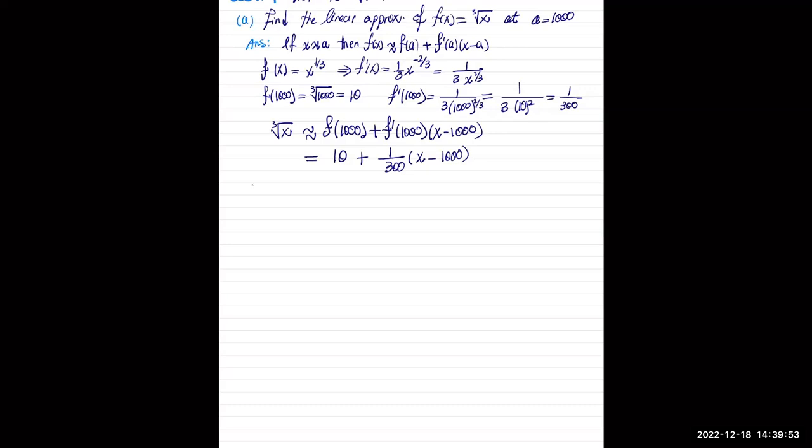So if x is close to 1,000, then cube root of x, which is a nonlinear function, is approximately 10 plus 1/300 times x minus 1,000.